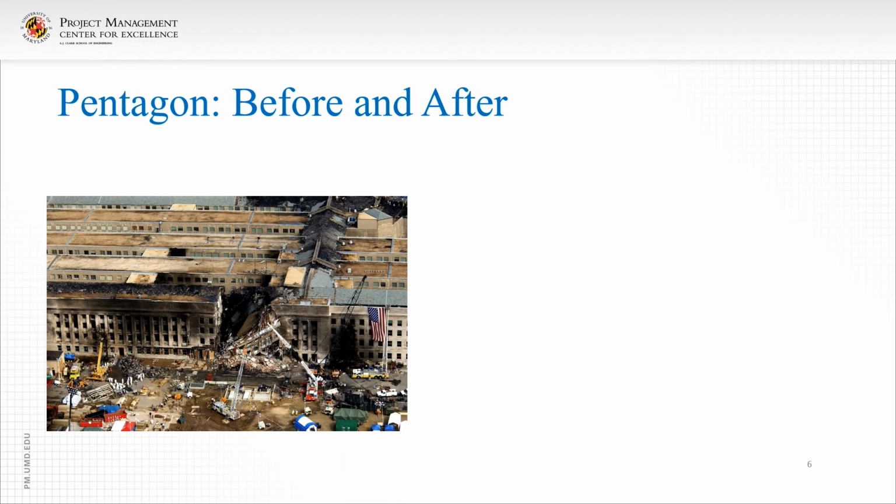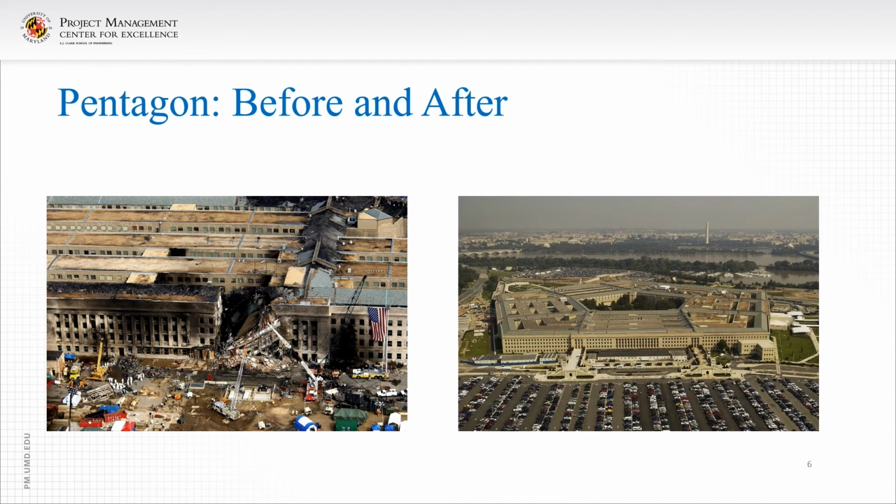So the Pentagon before was very damaged, as you can see, tremendous damage. And that's what it needs to look like when it's done. Now, one of the pluses of that damage that you see on the left side of the screen is damage to the Pentagon that was actually in a reconstruction, renovation project mode.